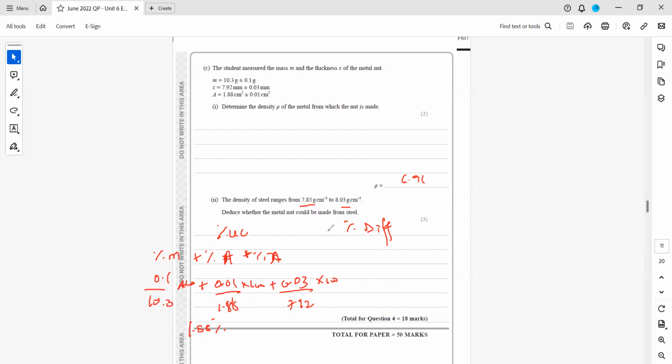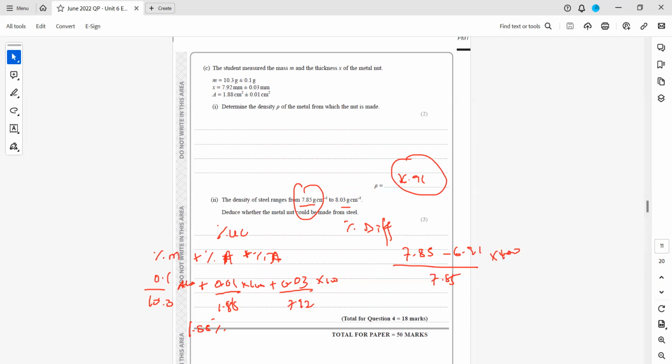When we compare the percentage difference, we compare with the closest value, because 7.85 and 8.03 are given. So the percentage difference is the closest standard value, 7.85, minus 6.91, our value, divided by the standard value 7.85, times 100.